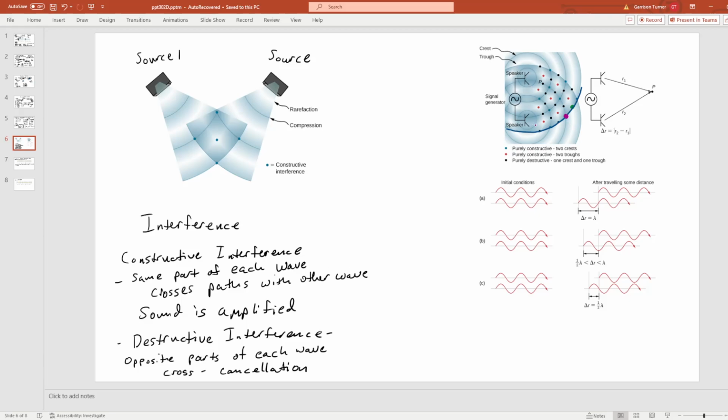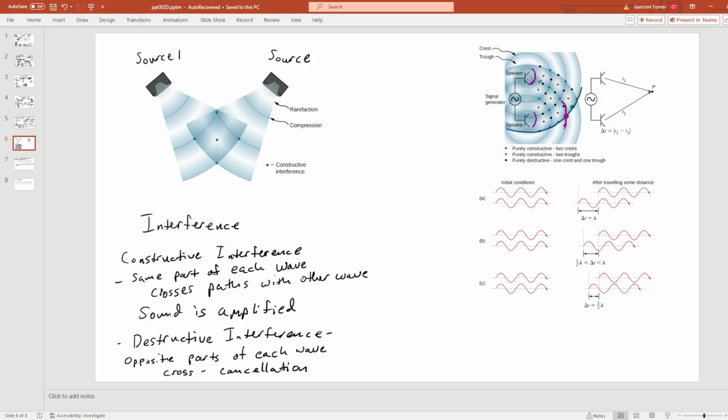So I guess I really should say that this arc is from this speaker, right? And this arc is from this speaker, okay? And where these two crests cross, I will get constructive interference.